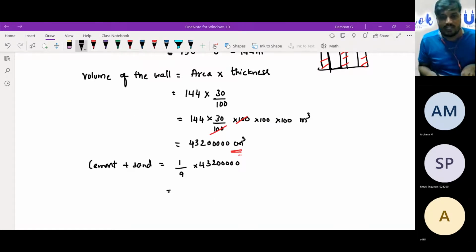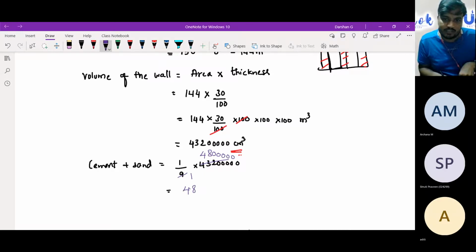So what answer will you get when you divide it? You simply divide by 9. 9 ones are 9, 4s are 36, I'm left with 5 as the remainder, then it is 8, and I'm left with the other zeros.